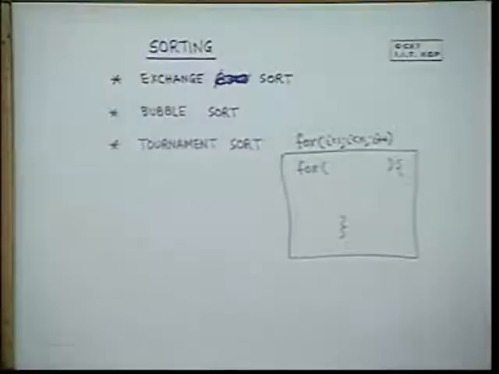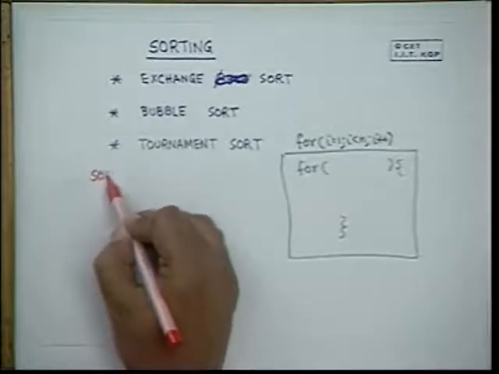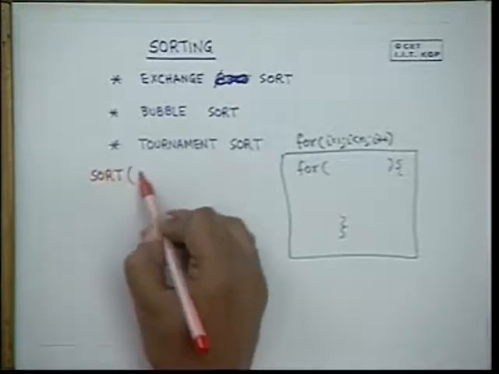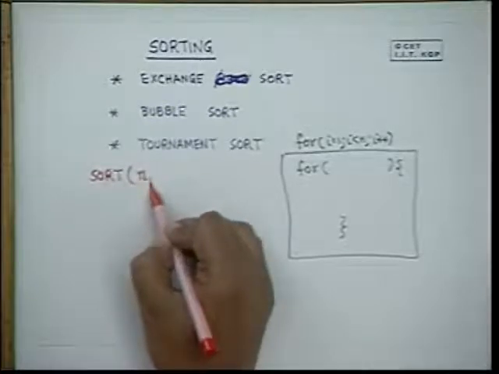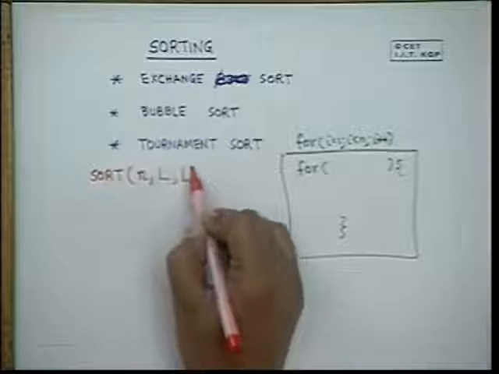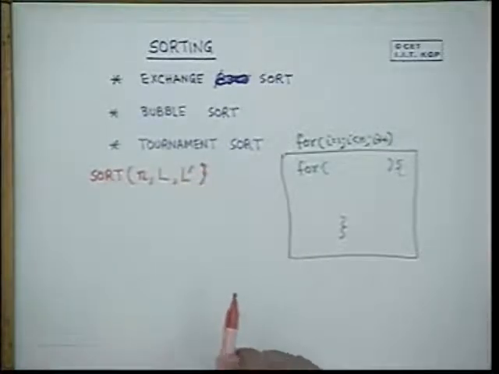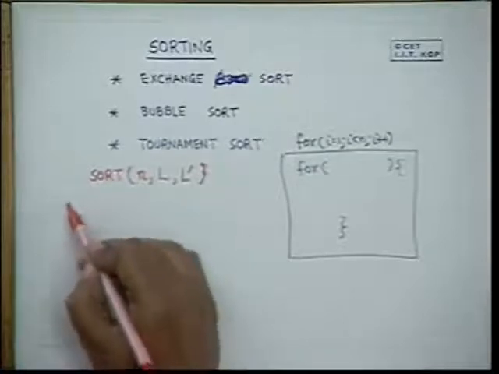And if you see, all these 3 algorithms have got a single decomposition rule. The rule is like this: sort a list of n elements and give me the sorted list L dashed. This is the sorting routine. What is the basis condition?